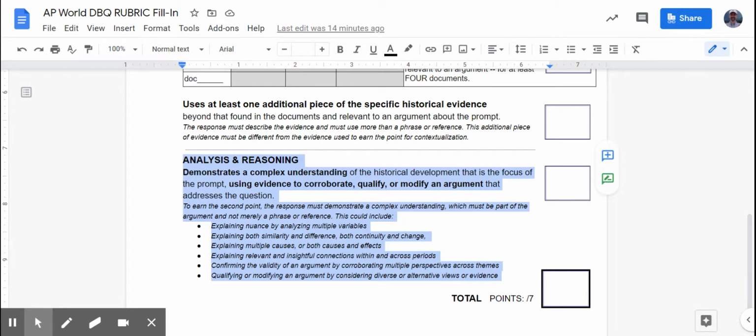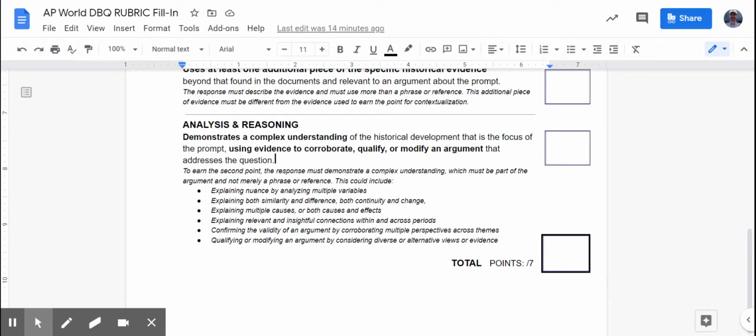It says, however, these sources could be used in this way. So that's another way of doing this. Use sources against or to support each other, and discuss that, or introduce another body paragraph and talk about, you know what, we could look at this whole topic in a whole different way.